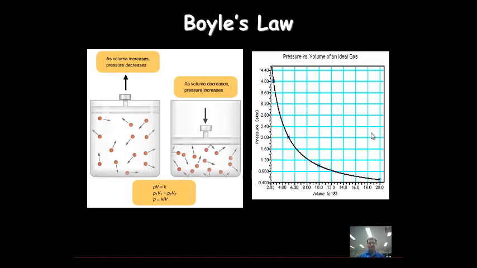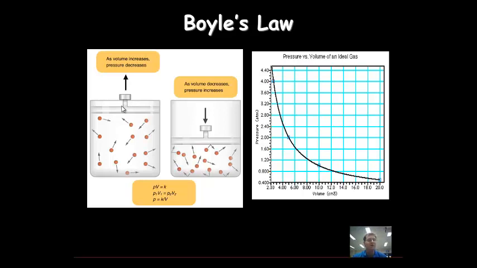Boyle's law looks at the relationship between pressure and volume, and again we're thinking about particles. If we look at the relationship between pressure and volume at a constant temperature, so we keep the temperature the same, then if we increase the volume, there's more space and it takes longer for the particles to get from one side to the other and collide with the outside.